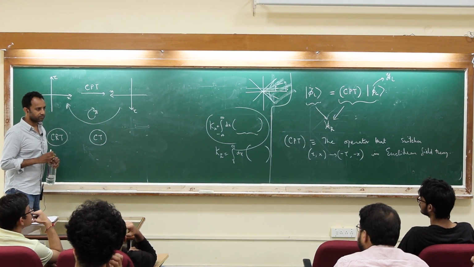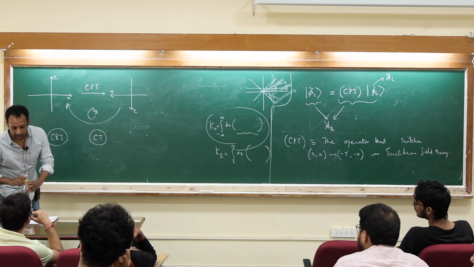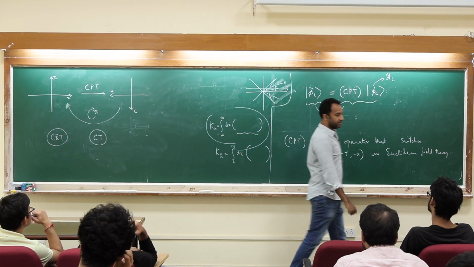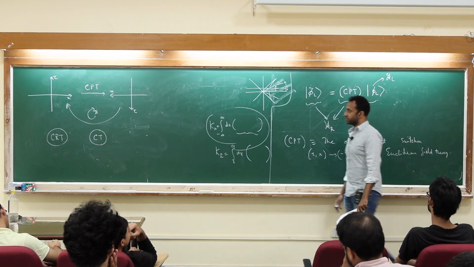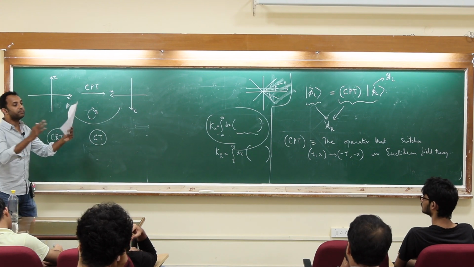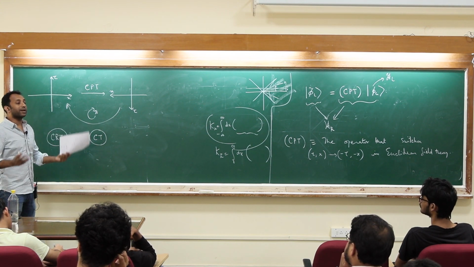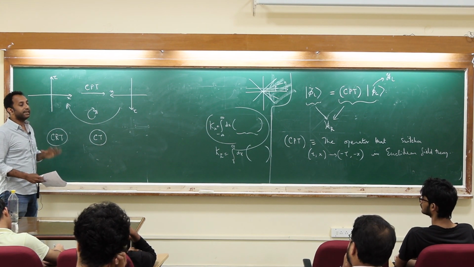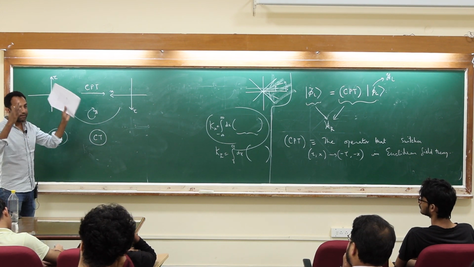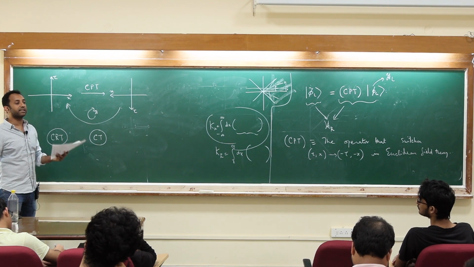What do you mean? CPT invariance is a statement about the Hilbert space of the field theory, because it's saying that the theory has an invariance. It's implemented using some unitary or anti-unitary operators, and then the expectation values, or the absolute squares of expectation values, remain invariant under these operations.